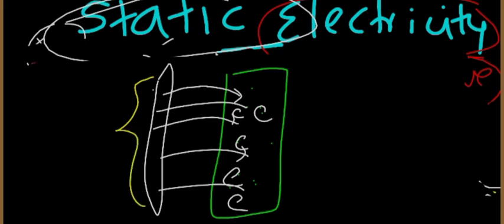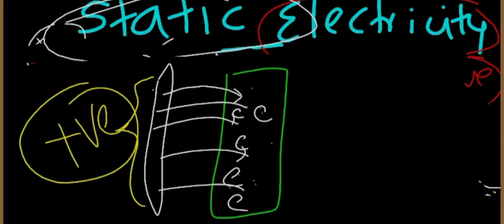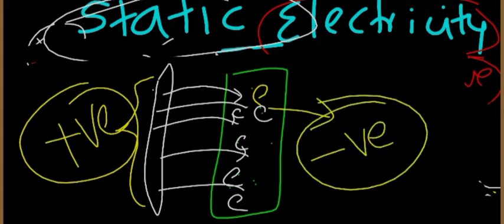So the glass rod becomes positive because it lost all its electrons to the silk. And by gaining these electrons, our silk material becomes a negatively charged body. So here you have two charged bodies. One is positively charged, that is the glass rod, and the other is negatively charged, that is our silk.